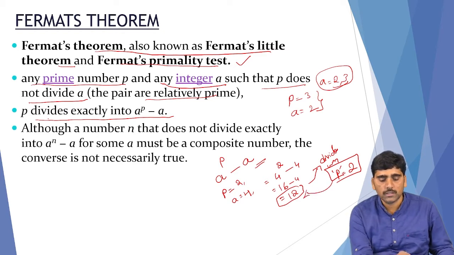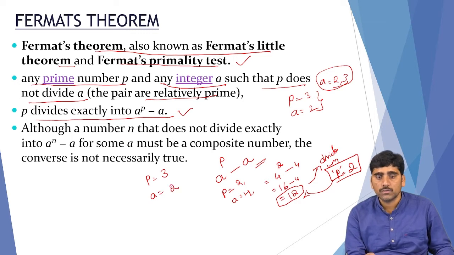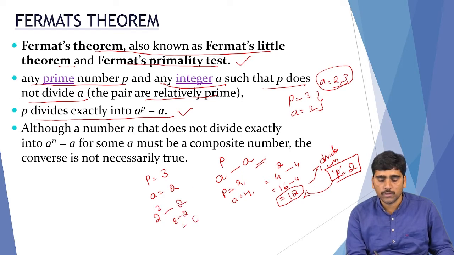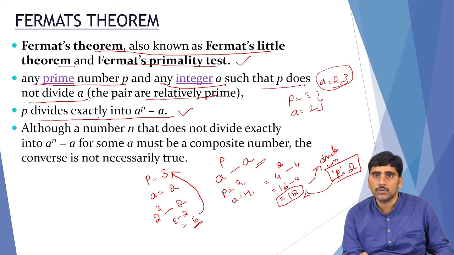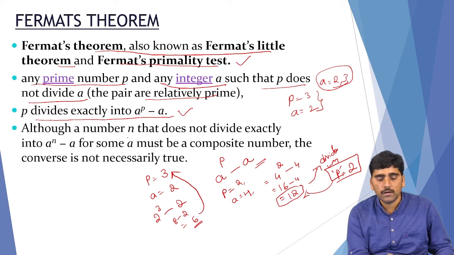That is why you can say that p divides exactly into a power p minus a. Similarly, take another one: p equals the prime number 3 and a equals the integer 2. Then 2 power 3 minus 2 is 8 minus 2, which equals 6. 6 is divisible by the prime number p. So p divides exactly into a power p minus a.